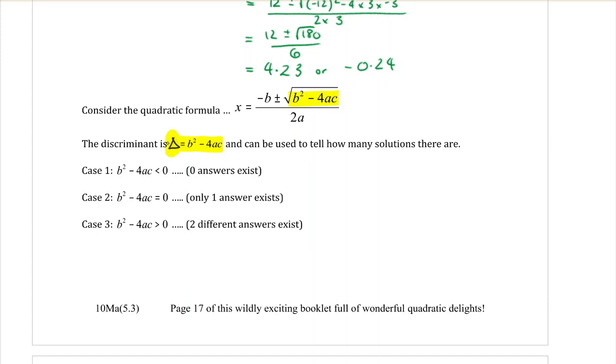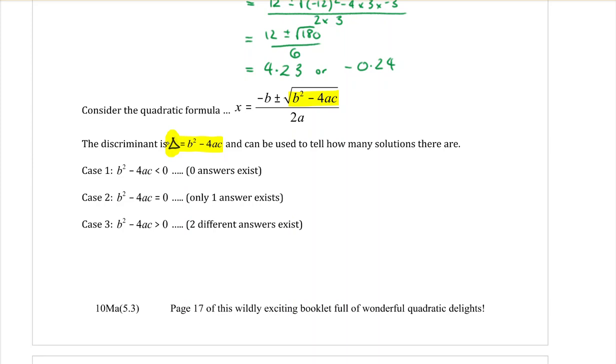Is it possible to square root a negative number? No. So as soon as you get a negative discriminant, that means that quadratic equation has no solutions. It cannot be solved in any of the methods that we've been given. There are 0 answers, no solutions.